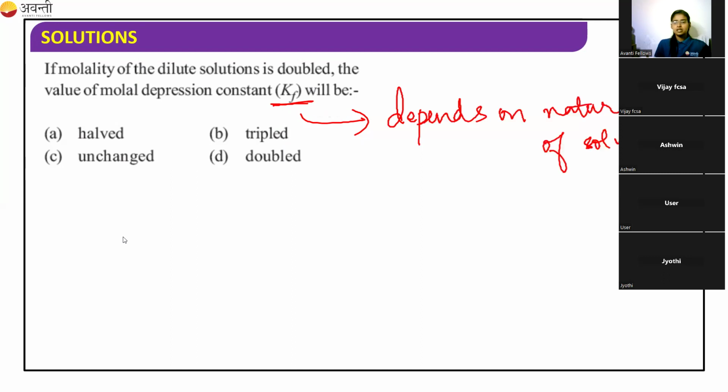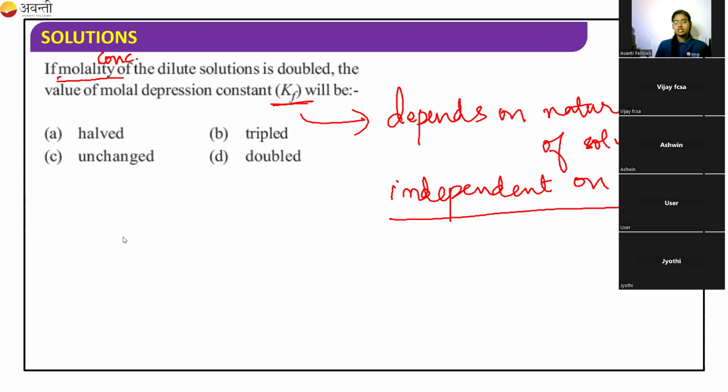Molality is nothing but one of the concentration terms. If the molality of the dilute solution is doubled, meaning I am doubling the concentration, the molar depression constant will not get affected because it is independent of the concentration.